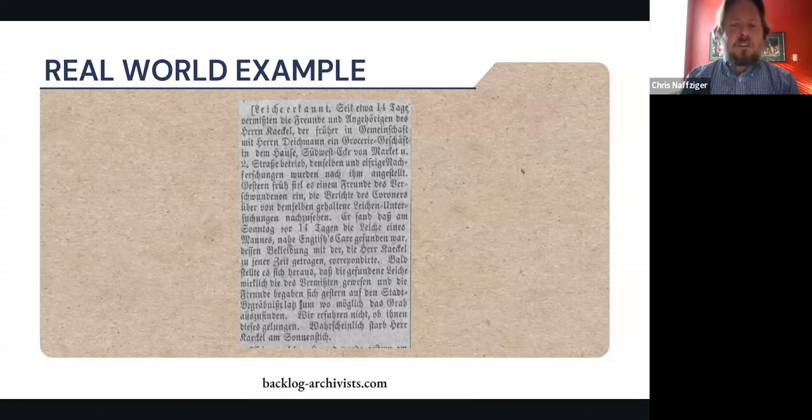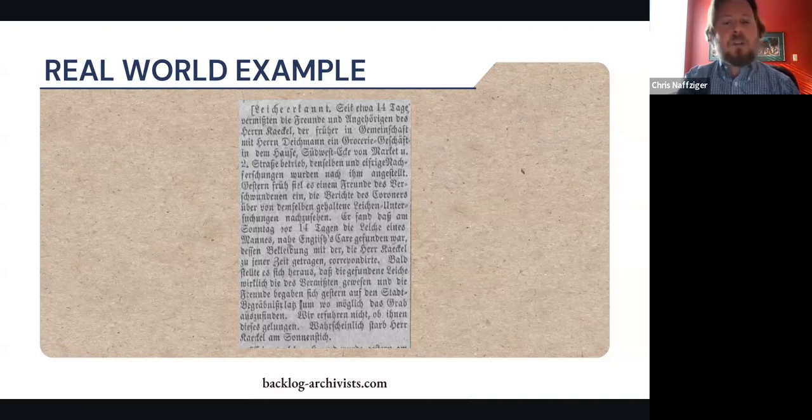Two weeks later, his friends and family realized he had been missing. So they looked him up in the coroner's reports and found somebody listed as a John Doe wearing the same clothes as what he had been wearing when he went missing. They put two and two together and figured out that this missing man was actually their missing husband, friend and business partner, John Keckel.